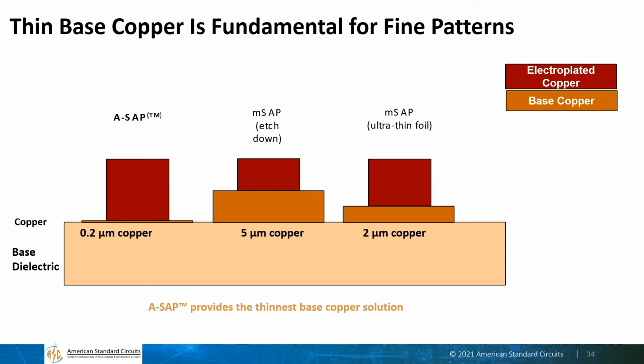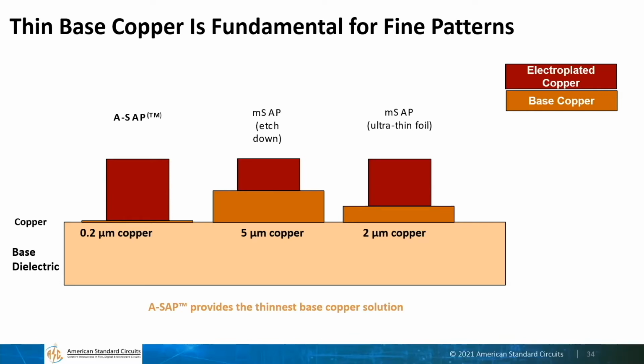Typically, the control is not that great, so it might be between 3 to 7 microns, but that's used as the base copper layer in MSAP. There's another version of MSAP where you buy a fairly expensive ultra-thin foil, and the thin copper foil comes attached to a thicker copper foil that gets peeled off. So those are the two alternatives.